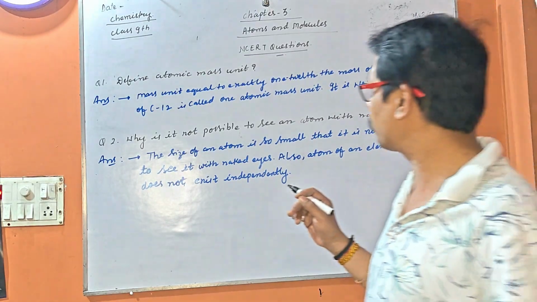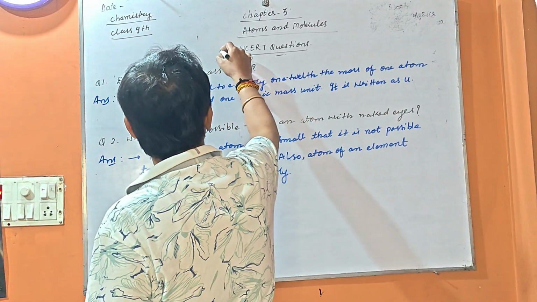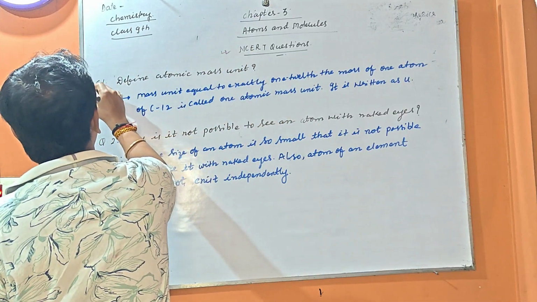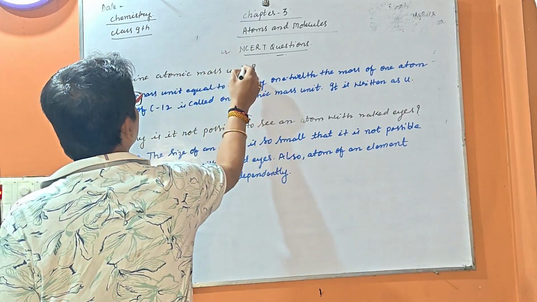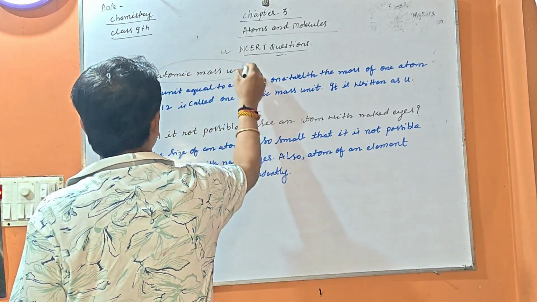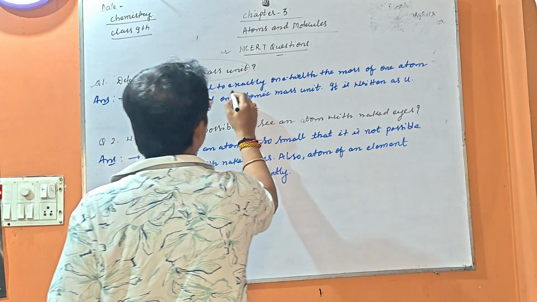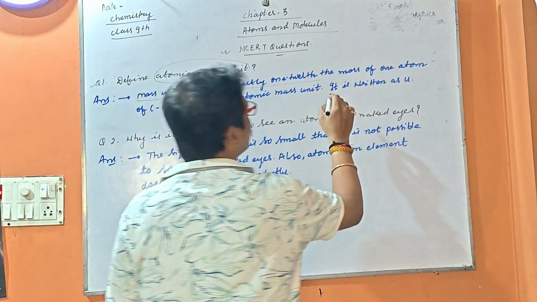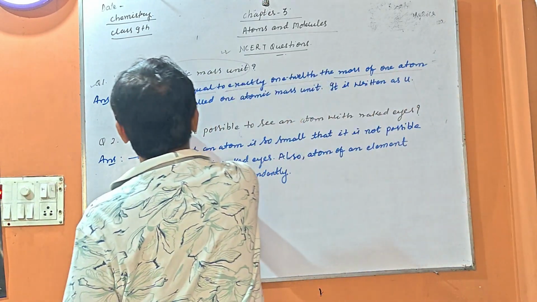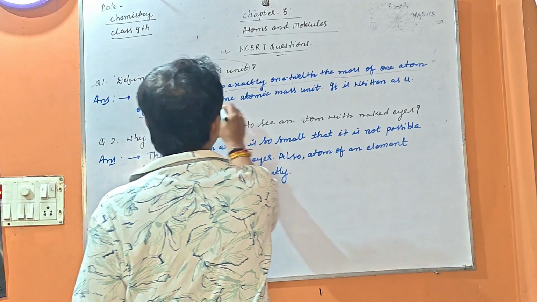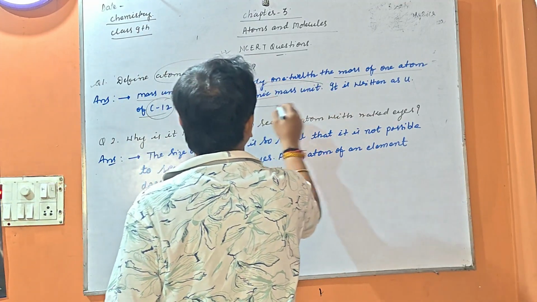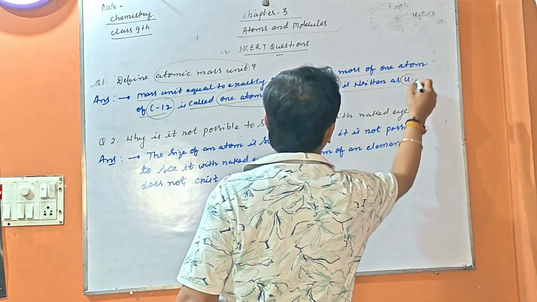Right now we are going to discuss the NCERT questions according to the topic. Define atomic mass unit. A mass unit equal to exactly 1/12 the mass of one atom of carbon-12 is called one atomic mass unit. It is written as u.